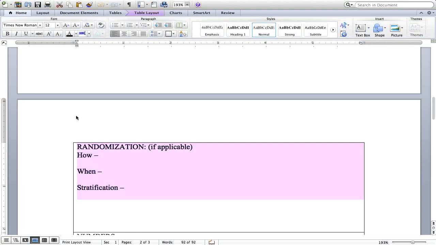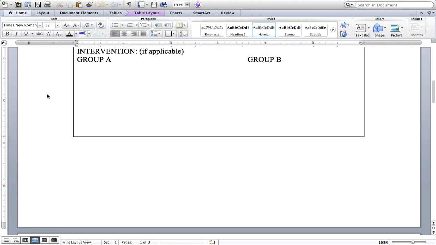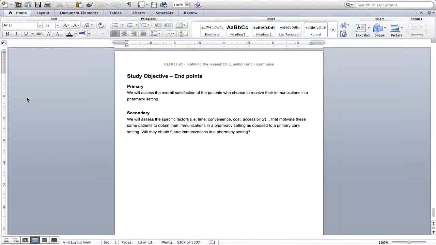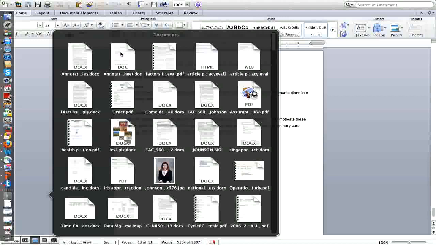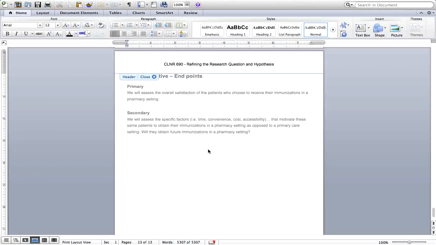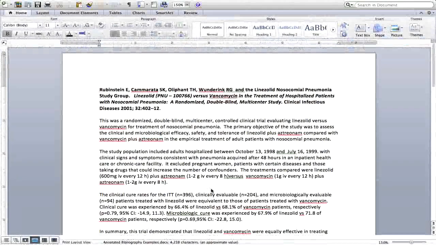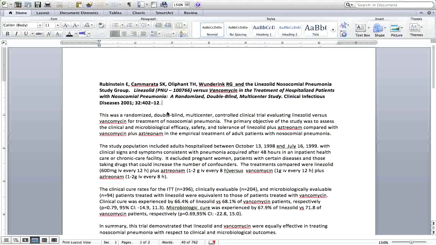This is just going to give you information to use when writing the annotated bibliography, which will look like this. So you'll start with the reference for the particular study, again using AMA style.